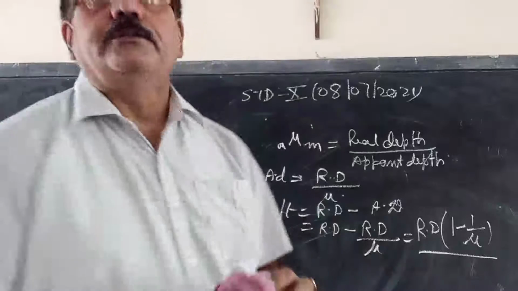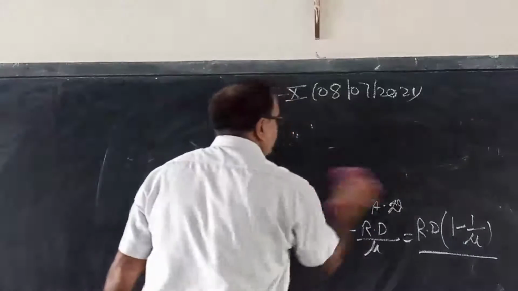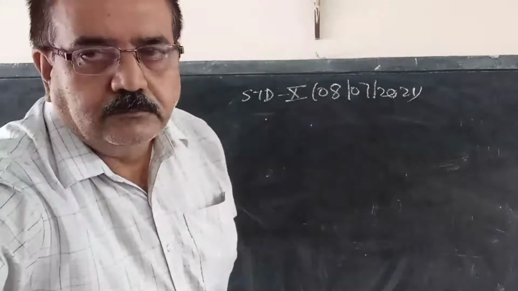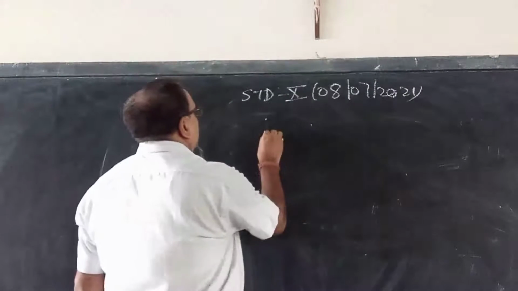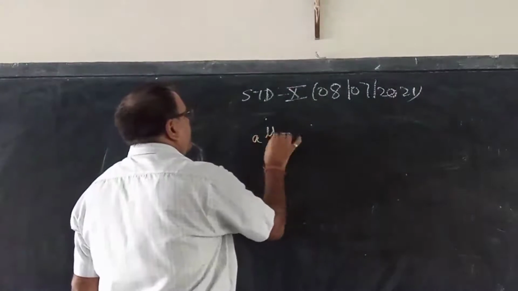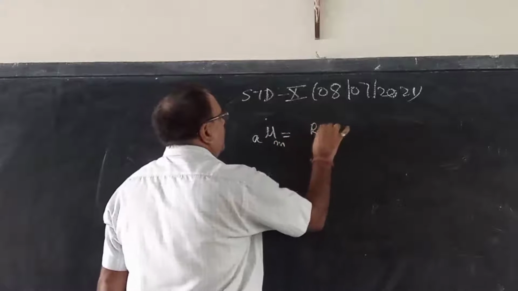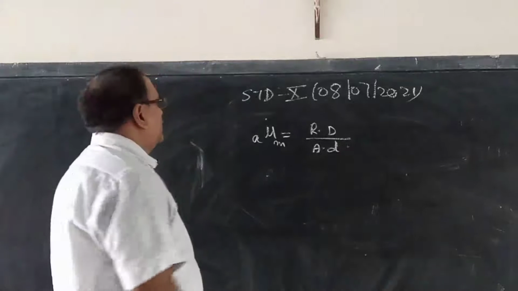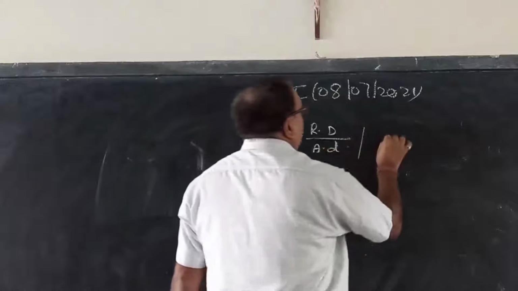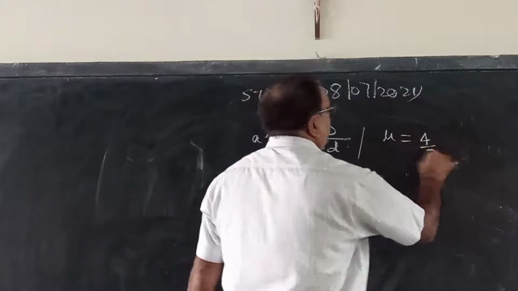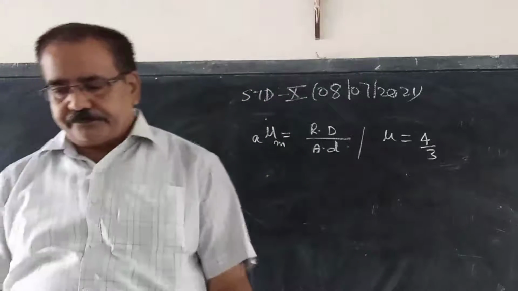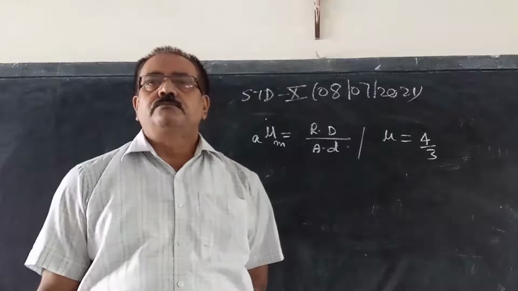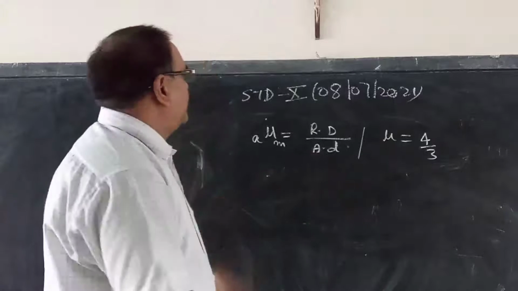Now one more point. A mu medium is real depth by apparent depth. Now, if the refractive index of any body is given as 4/3, what do you mean by this?